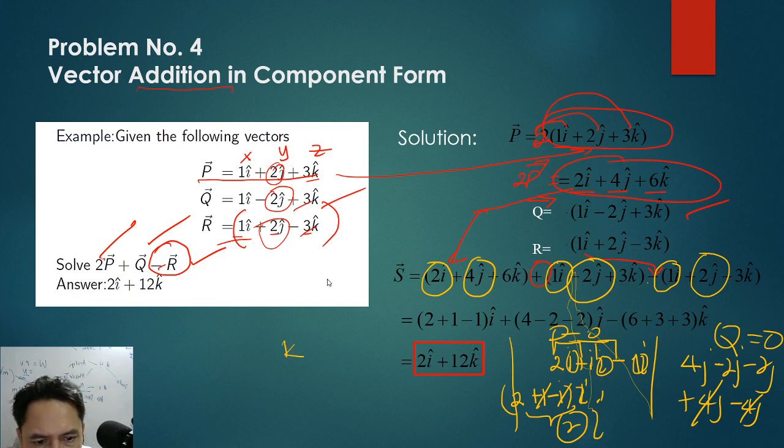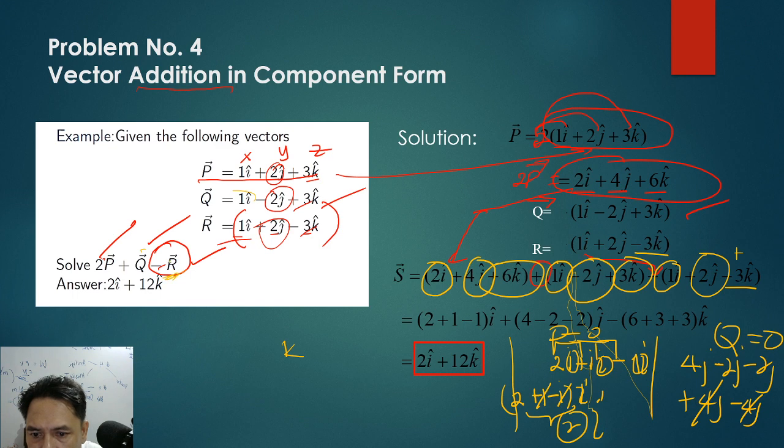Let me have this. So all the K components. So we have the positive 6K, 3K, and what is this? Minus 3K. It will become plus, right? Minus 3K will become positive because it is preceded by a negative here, right? Look at this.